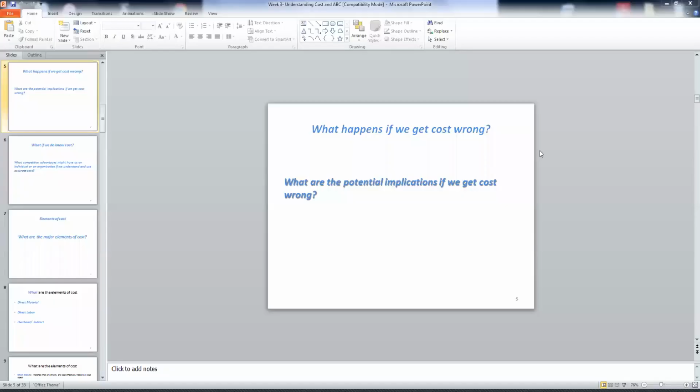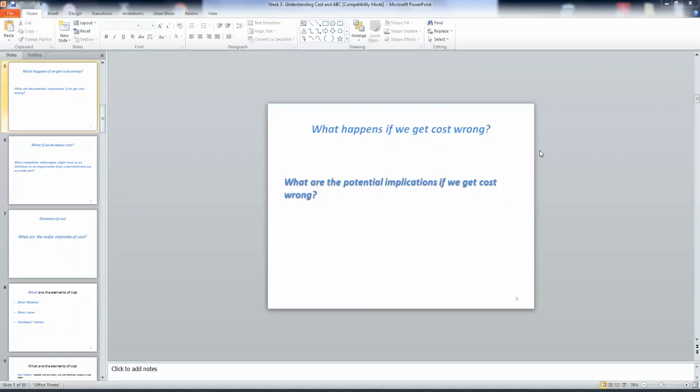So what are the implications if we get costs wrong? Well, there are many implications. One of the articles that I'm asking you to read this week is called Measure Cost Right, Make the Right Decisions. That grew out of a time period when U.S. industry was losing market share to Japan, in the 1980s. And one of the key reasons it was determined that we were losing market share is that our costing systems were broken.